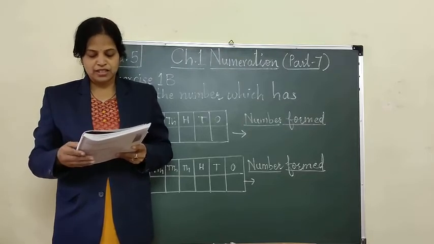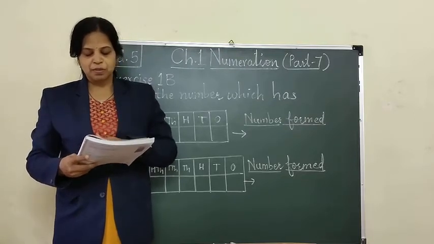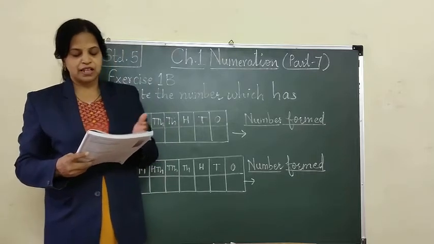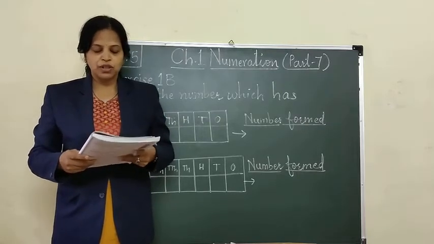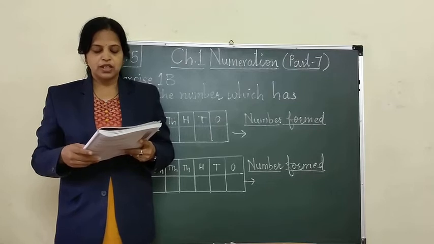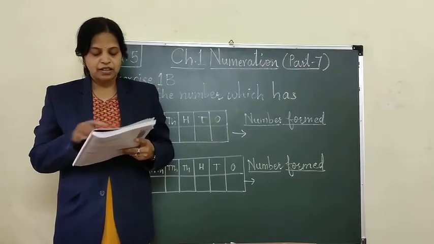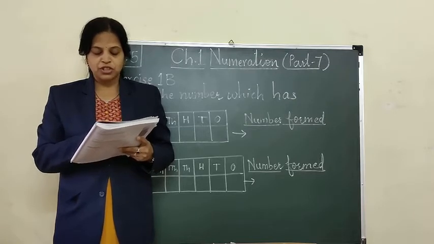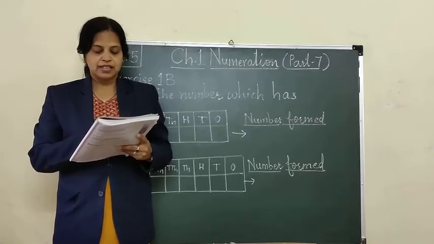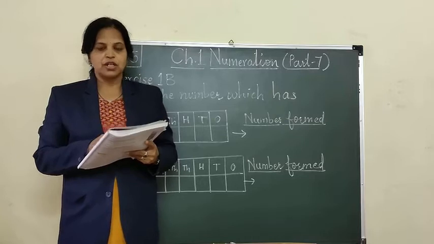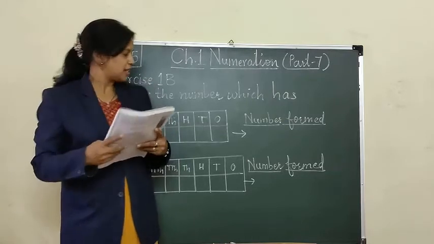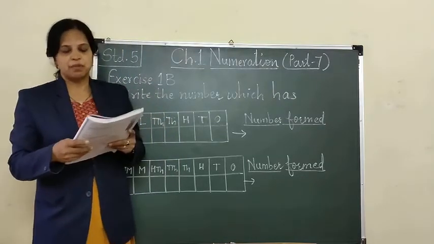So ones is the lowest place here, and we have to see which is the highest place. If you count the number of digits here, 4, 3, 0, 7, 5 and 6, the total number of digits is 6 here. So it is a 6-digit number. So it will start from ones place and end with 10 lakhs place here.